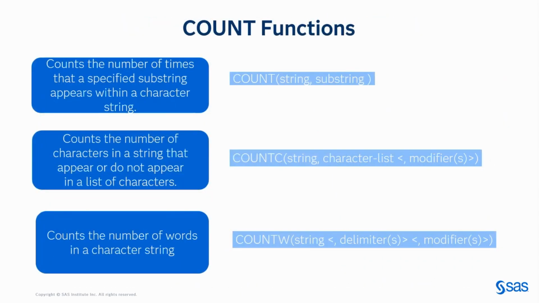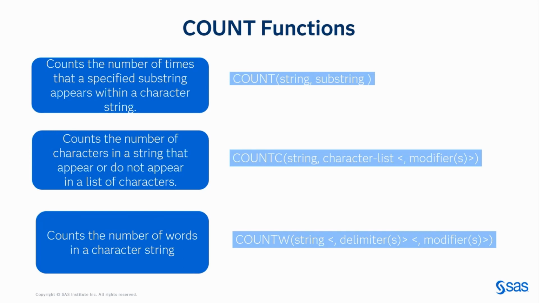So I'm going to show COUNT. I don't know if you have used that before, but it counts the number of times a text string occurs in the text. Then you have COUNTC and COUNTW. COUNTW counts the number of words in a character string.